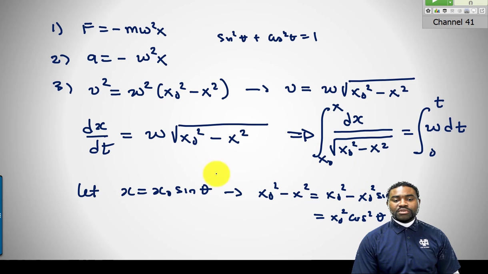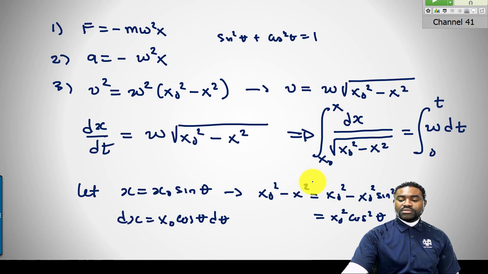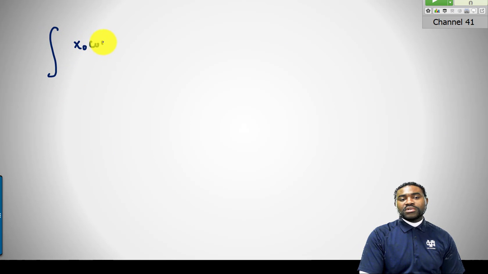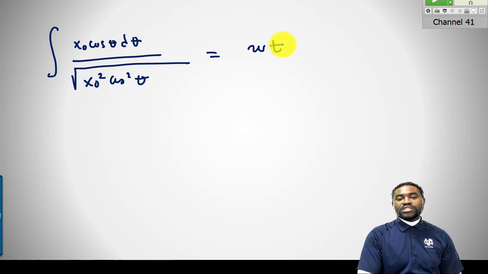So if we substitute, remember that dx will be equal to x naught, what is the derivative of sine? Cosine theta d theta. So if we substitute all of this back into that expression, you would have the integral of x naught cosine theta d theta divided by the square root of x naught squared cosine squared theta, all of this equal to omega t.